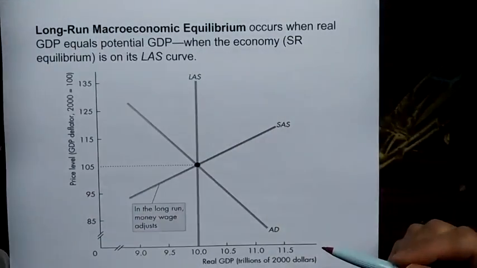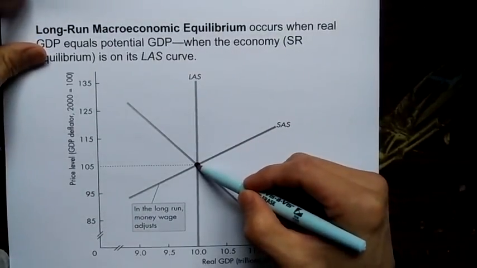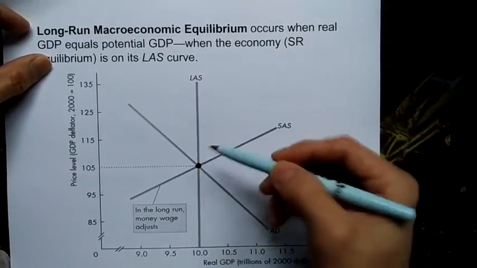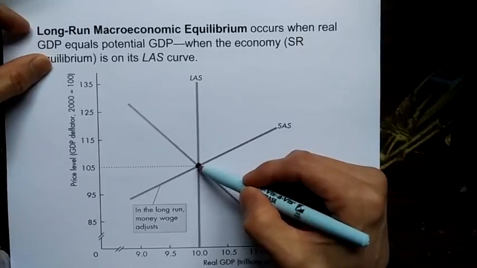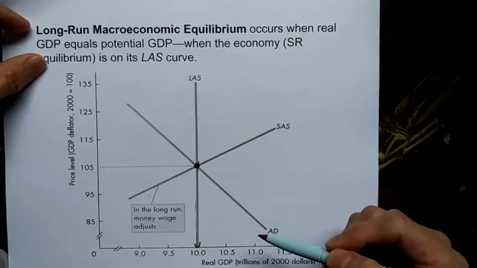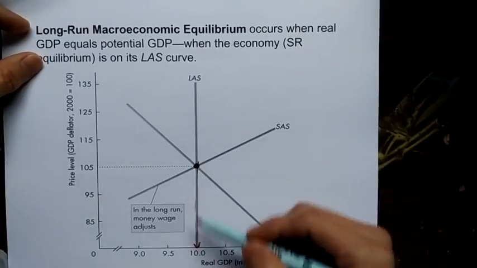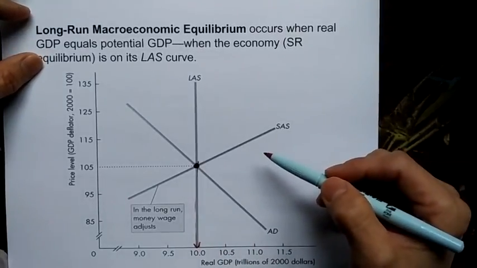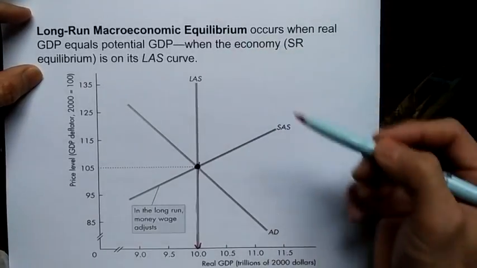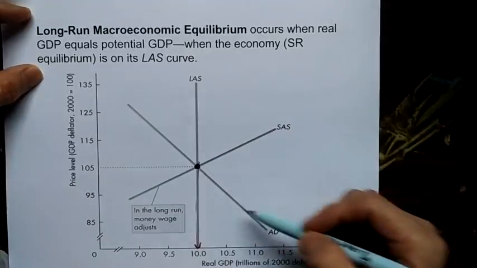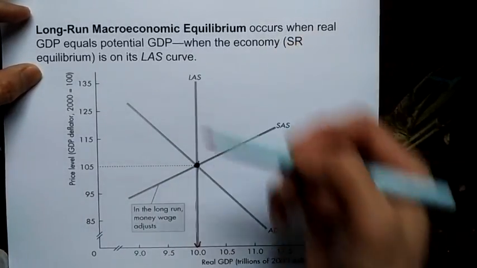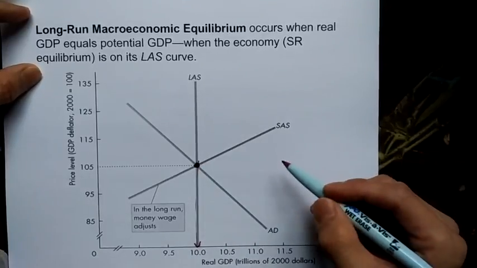When we are producing at a level, that is the short-run equilibrium. If we are producing at the potential GDP level, then we say we are in a macroeconomic long-run equilibrium. So long-run equilibrium is for all three curves, aggregate demand, short-run aggregate supply, and long-run aggregate supply, meeting together.